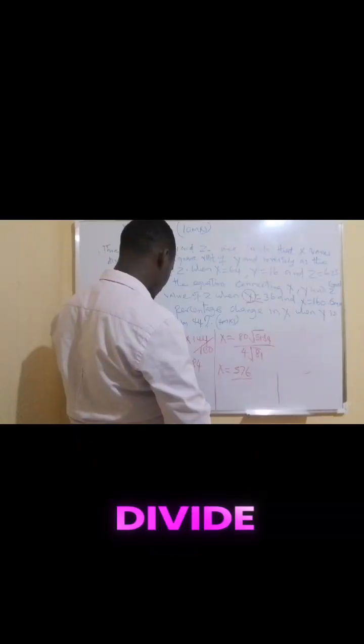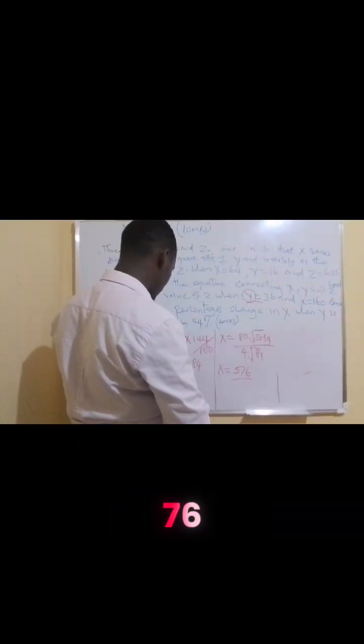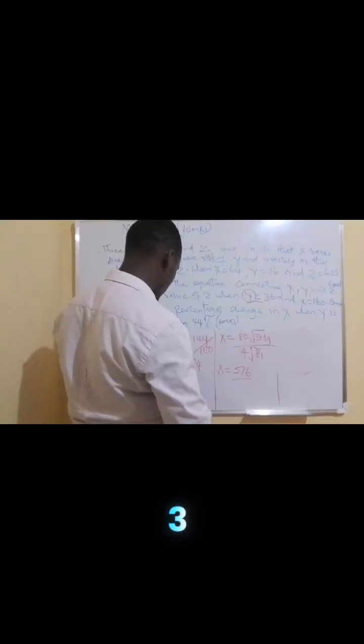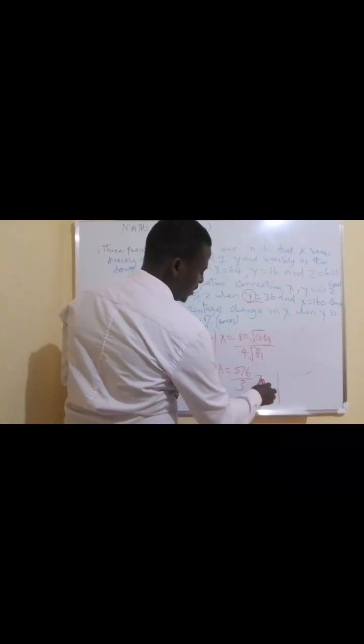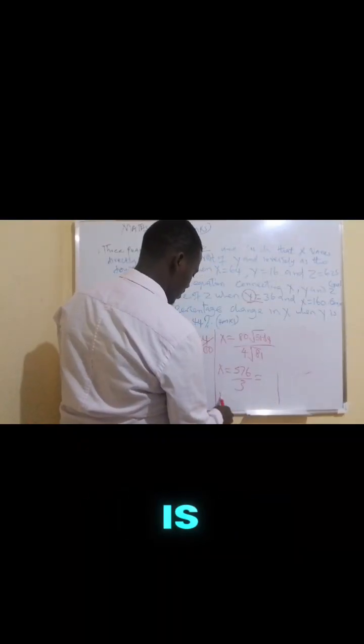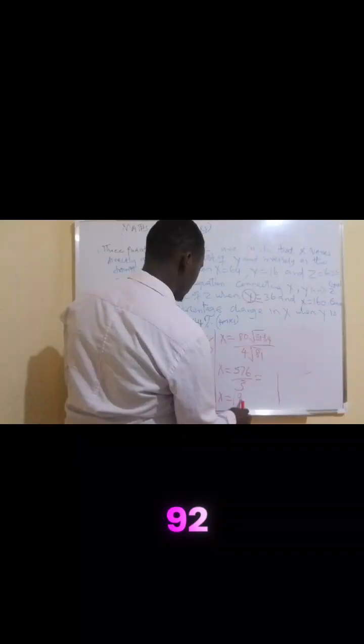So you now divide 576 by 3. The new value of x is 192.